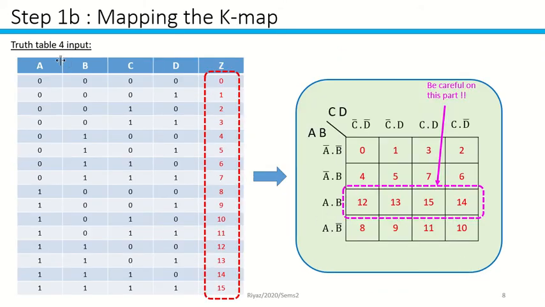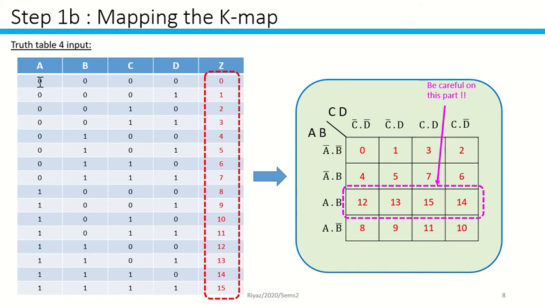So this is for 4 input truth table. You have 0, 0, 0, 0 because you have 4 inputs. 0, 0, 0, 1, 0, 0, 1, 0, 0, 0, 1, 1, and so on until you have 1, 1, 1, 1. For the output, you have to start with 0 until you have 15. So how are you going to arrange this one?